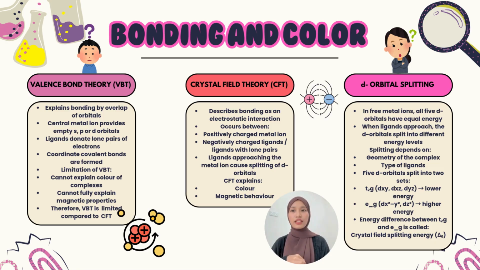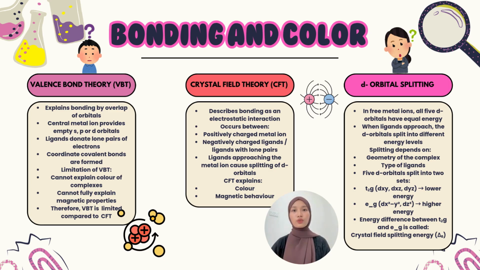However, VBT has some limitations. It cannot explain the color of coordination compounds and also cannot fully explain their magnetic properties. So, VBT is considered limited when compared to crystal field theory.